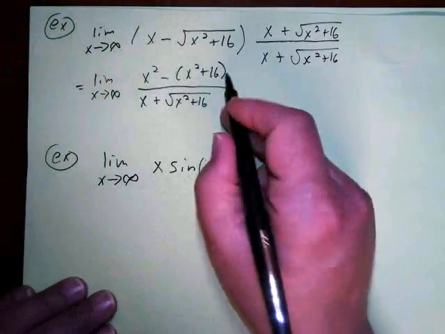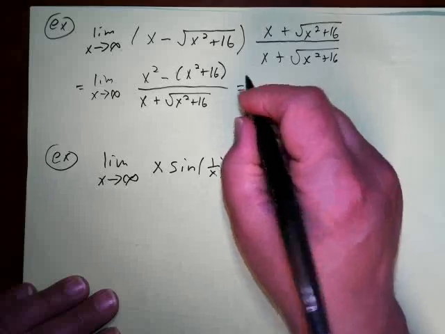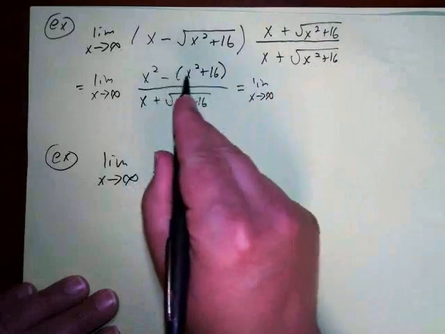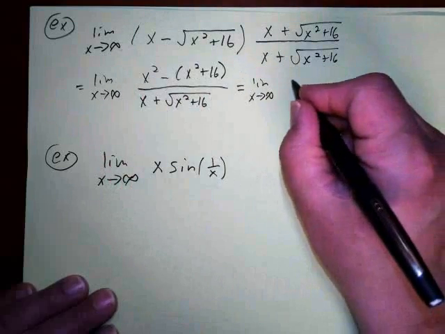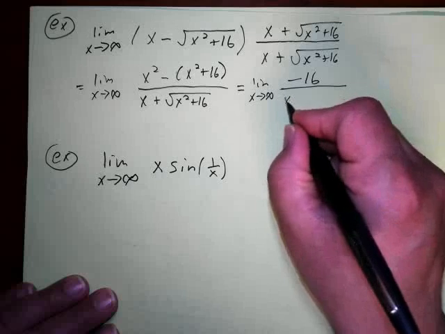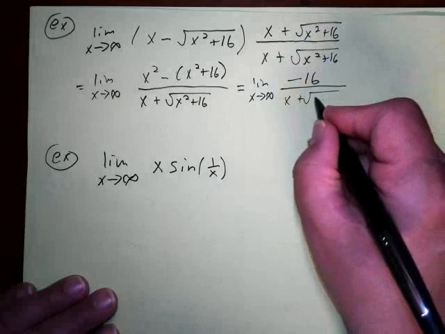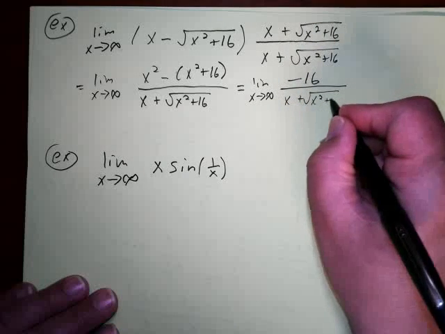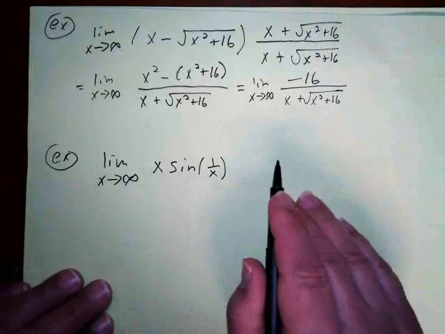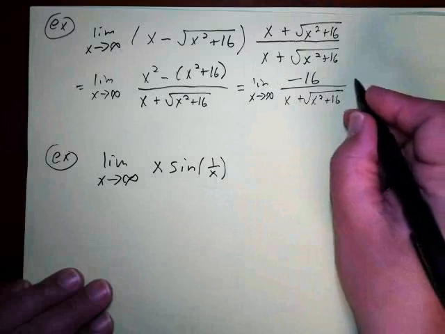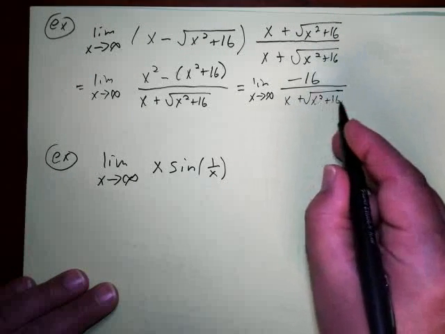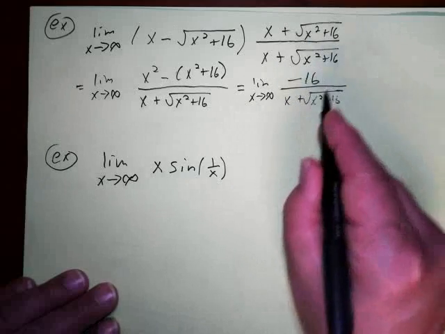Okay, then when I distribute this, I'm going to get the limit as x goes to infinity. The x squares are going to cancel out, and I'll be left with negative 16 on the top, and then I have this on the bottom. Now what I can do is multiply the top and bottom by 1 over x, and I could do all of that.